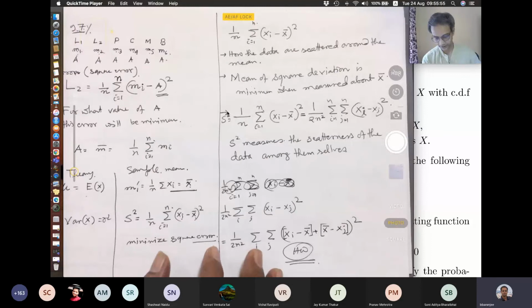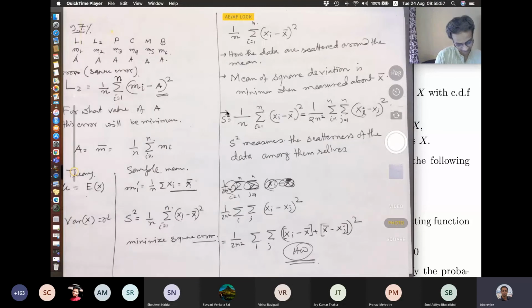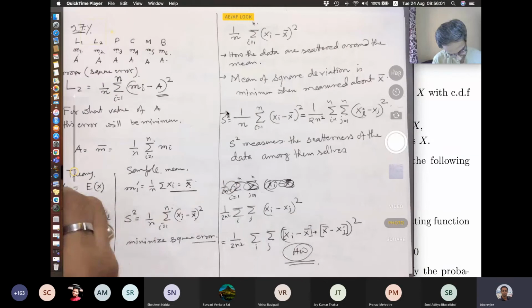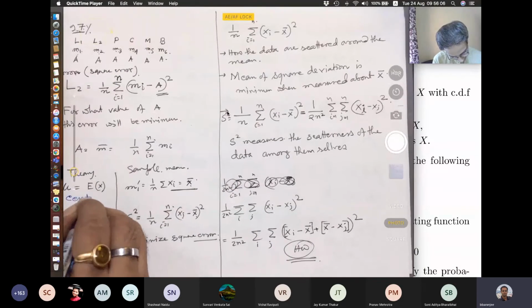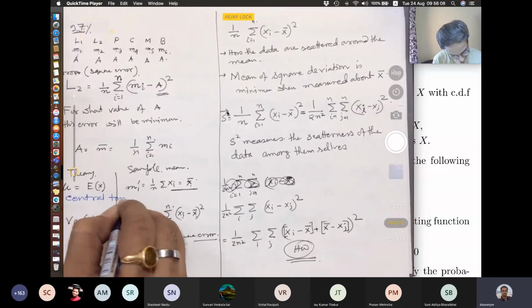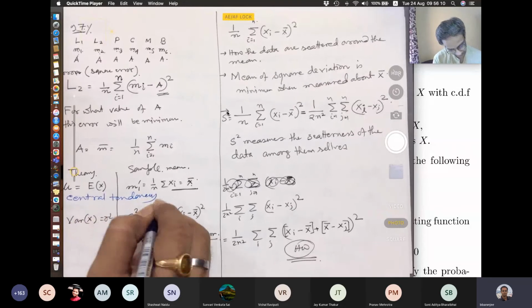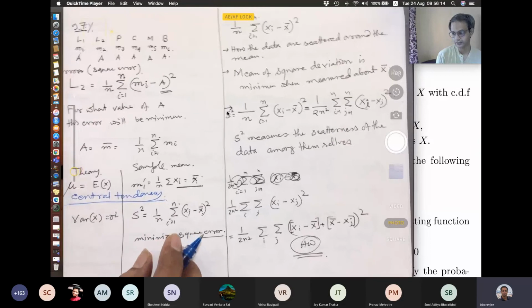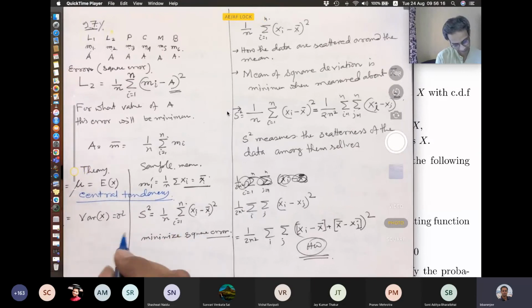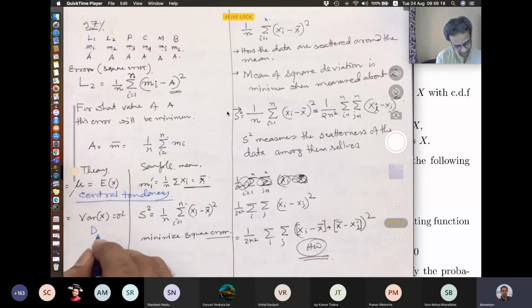Mean is a measure of central tendency, where the data is centered, and standard deviation or variance is a measure of dispersion, how they are dispersed.